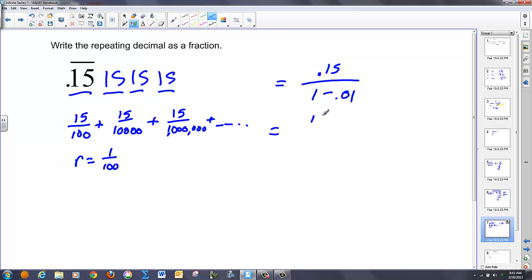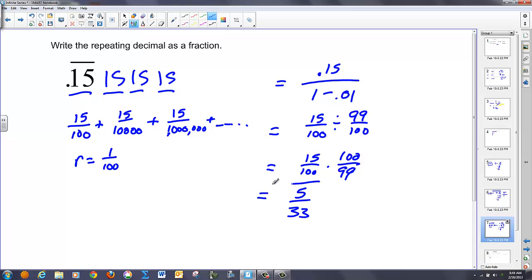That's going to equal 15 over 100 divided by 99 over 100, or 15 over 100 times 100 over 99, which gets me basically 15 divided by 99, which is equivalent to 5/33. And that's my fraction equivalent to 0.15 repeating.